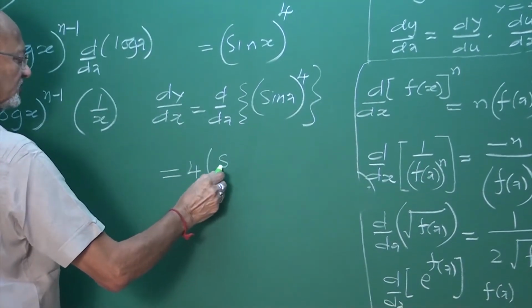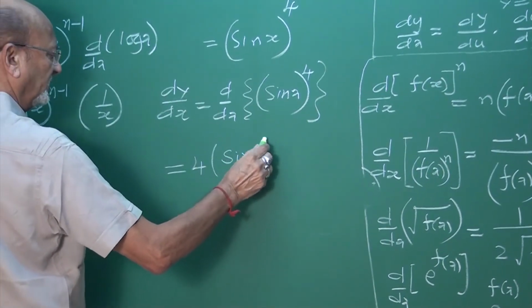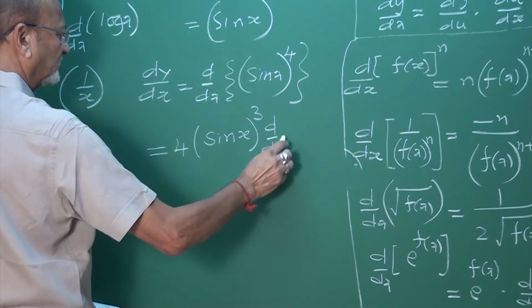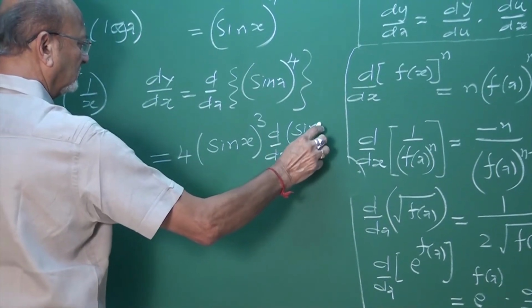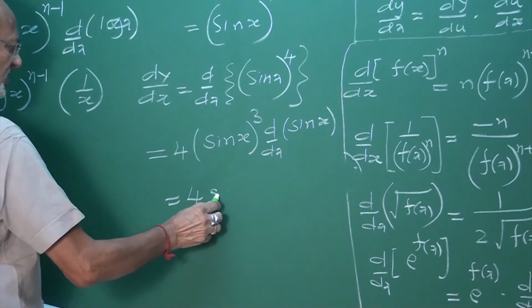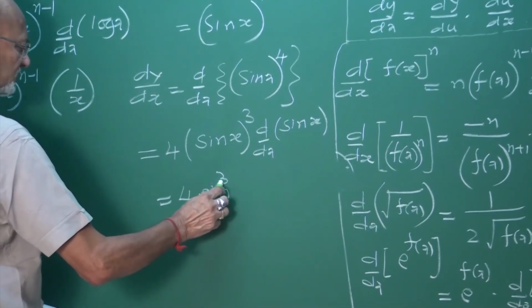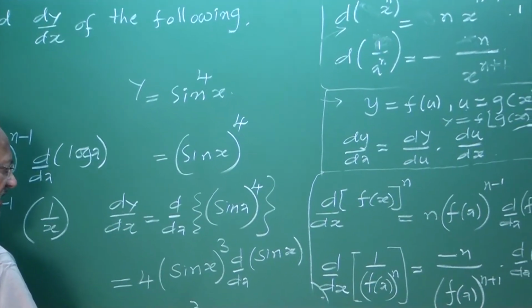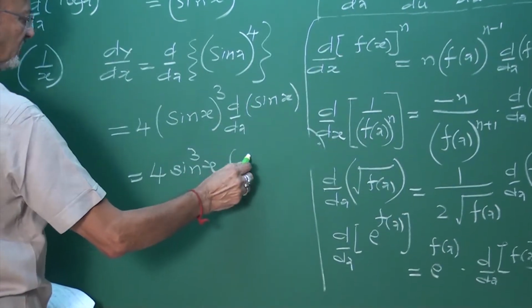One power less, into, other than x, write its derivative. It is 4 sin cubed x, one power less, into the derivative of sin, which is cos x.